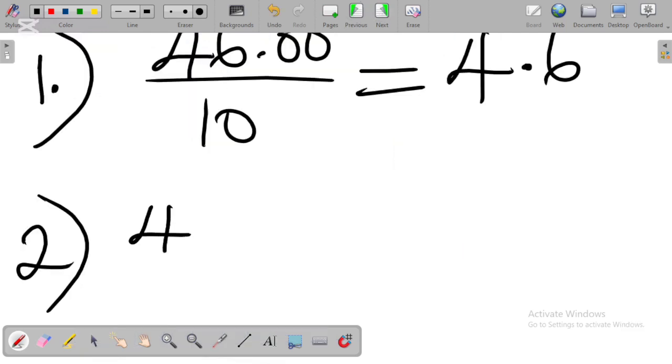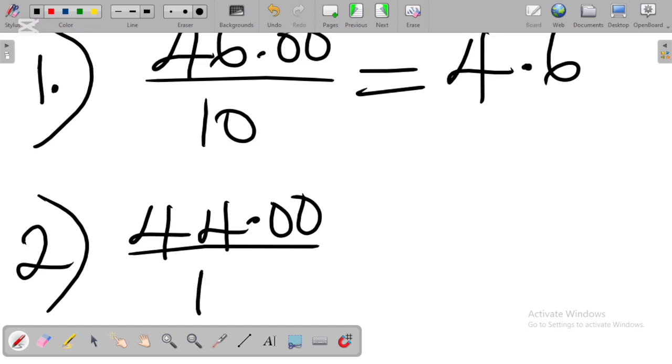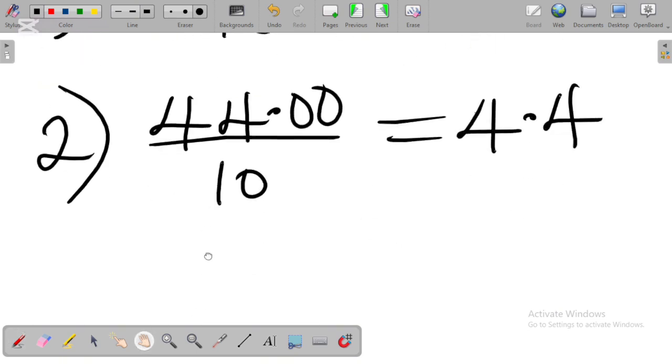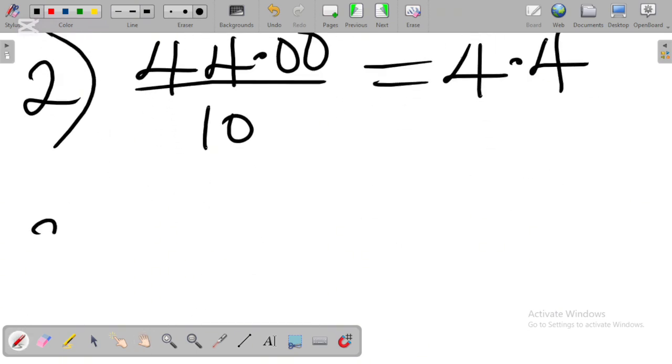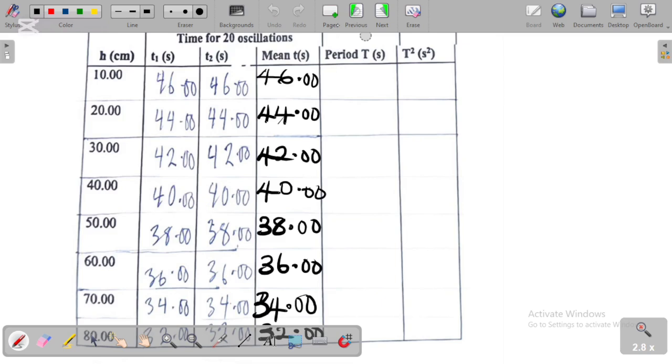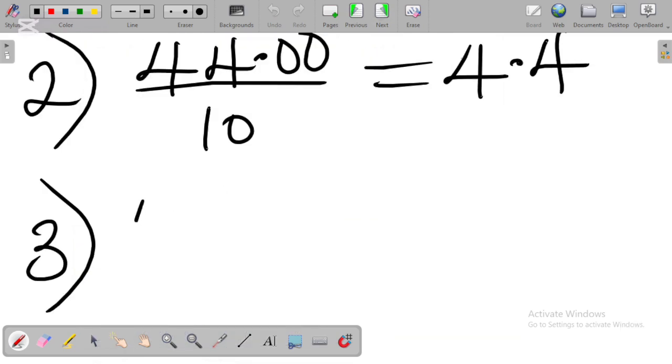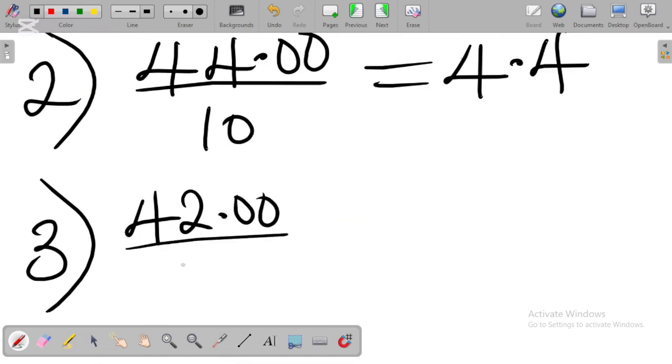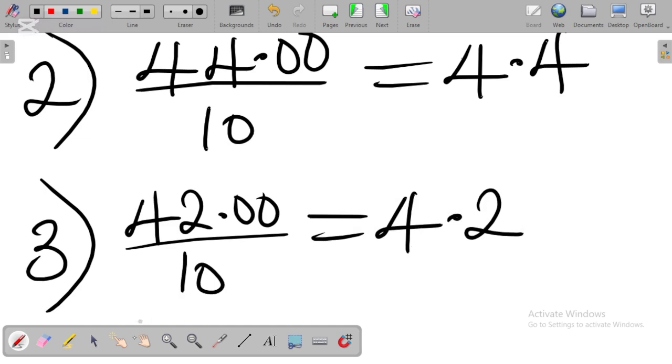So we have here 44.00 divided by 10. It would give you 4.4. The third one is 42.00. So we have here 42.00 divided by 10. It would give you 4.2.